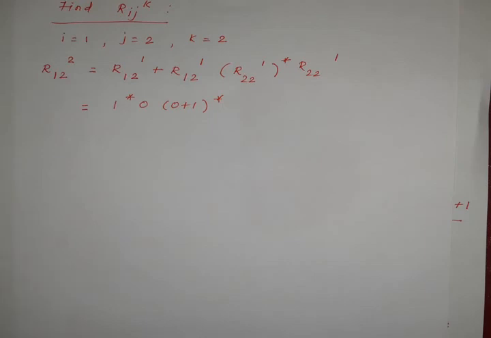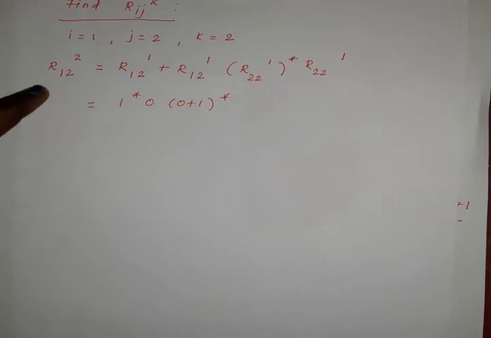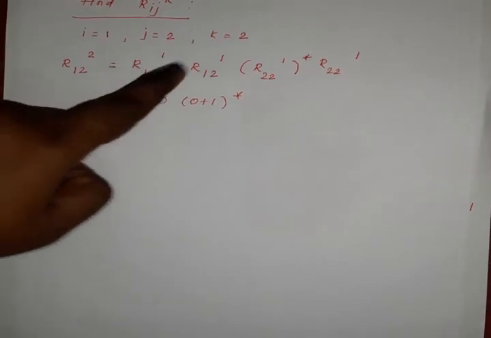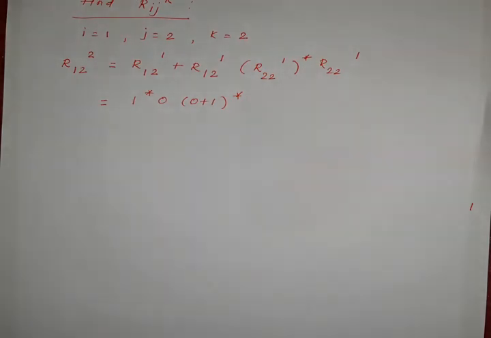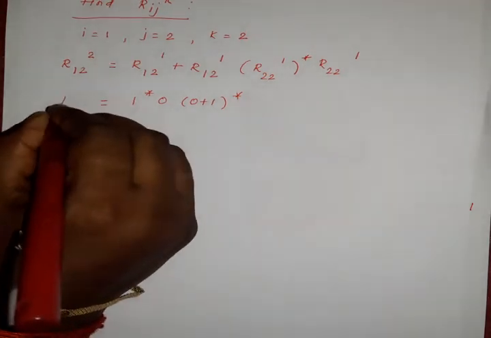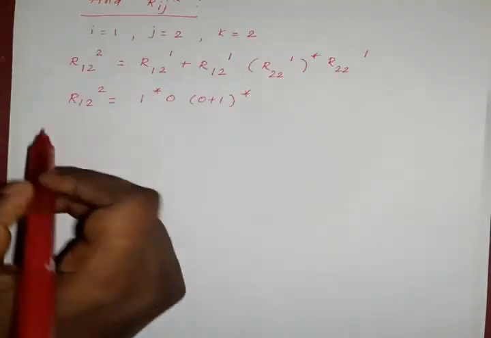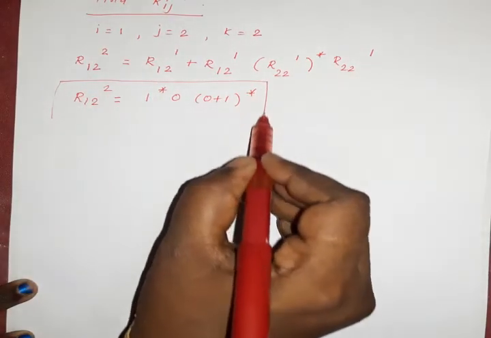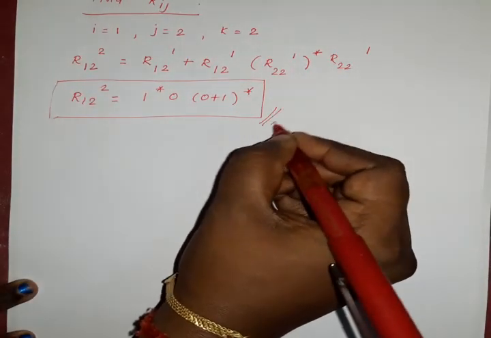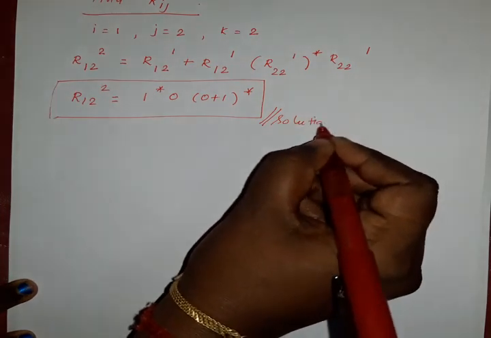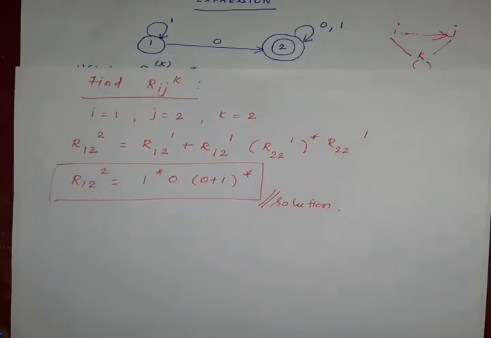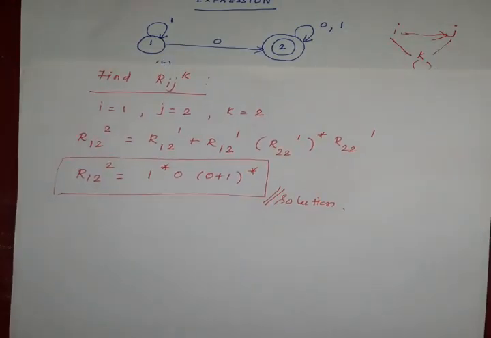In case there are no previous steps computed, we can again find this regular expression by substituting the regular expression values from the above steps, right? So this is the regular expression value for the given finite automata. So this is the solution. And one more thing, we can directly write the regular expressions in the problem itself.